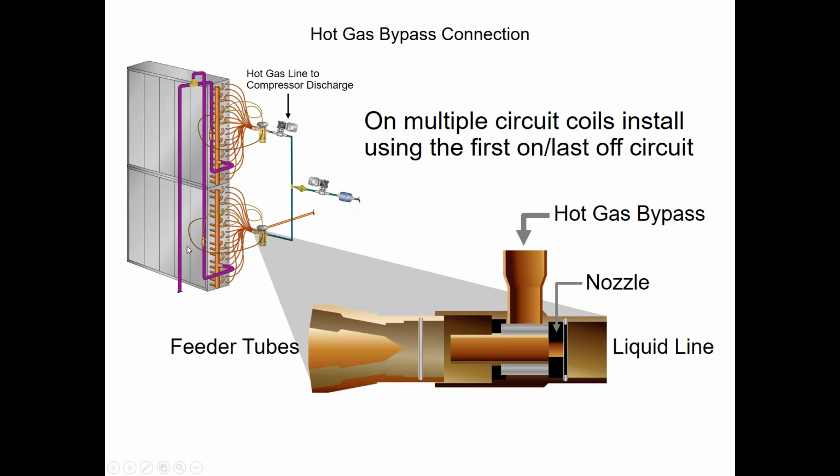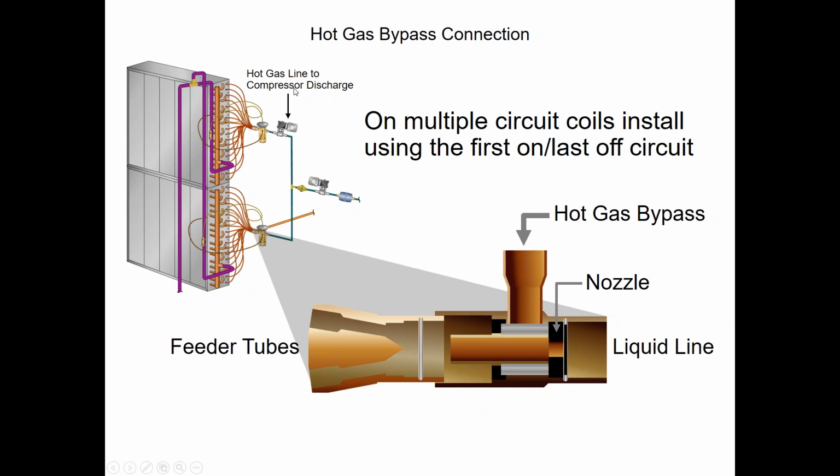So the bottom coil would always be first on and last off. In a sequence of operation, the lower coil circuit would come on, then a Y2 call or second stage call comes in, the upper coil comes on, and now we're running 100%. Now Y2 or second stage is satisfied, this coil shuts off, and this coil is still operating until it shuts down.